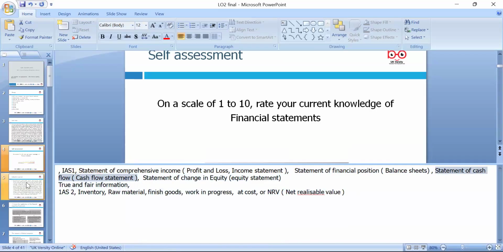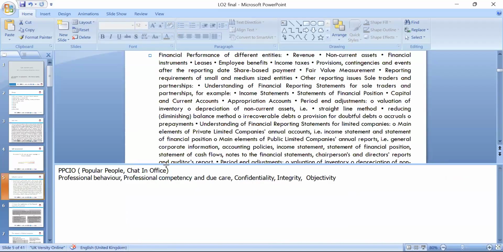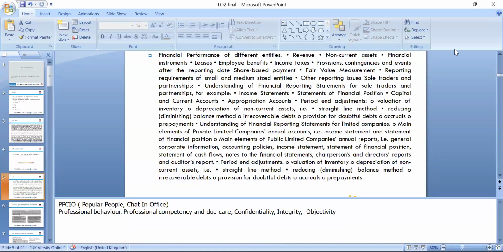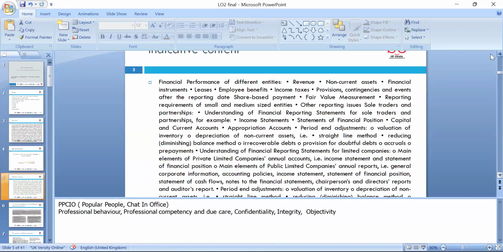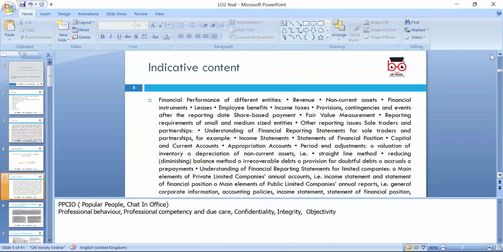Now, the key points we'll go through in our lesson today. This is our indicative content: fair value adjustment, reporting, understanding the financial statements, the role of sole traders, partnerships, and limited companies if you want to start a business, and allowances for doubtful debts, adjustments.